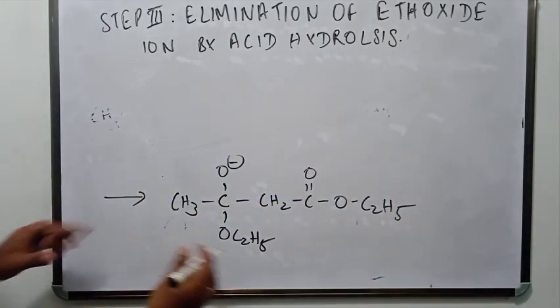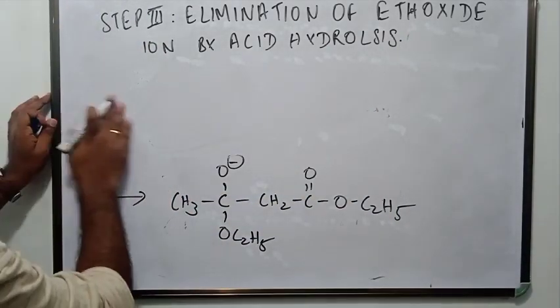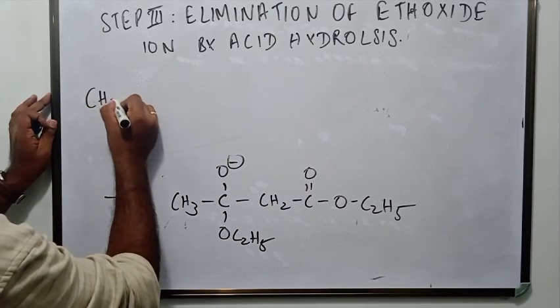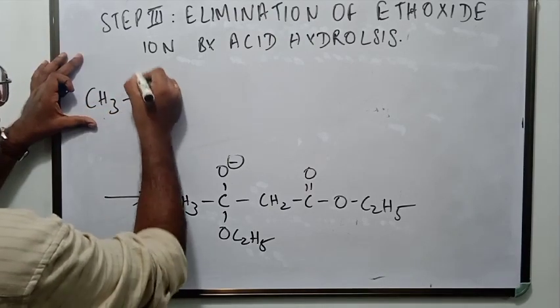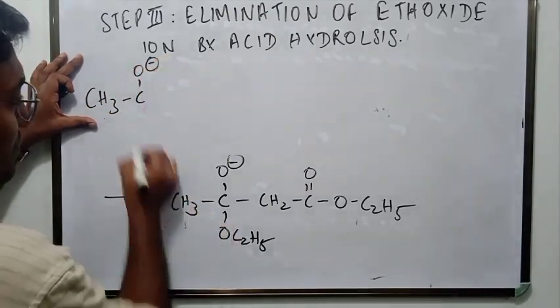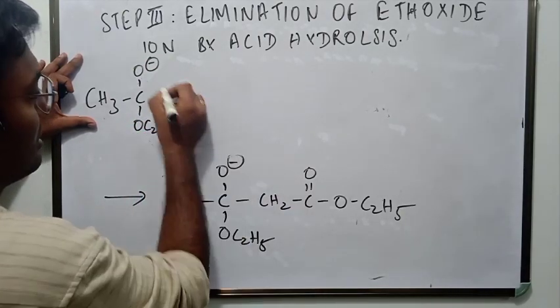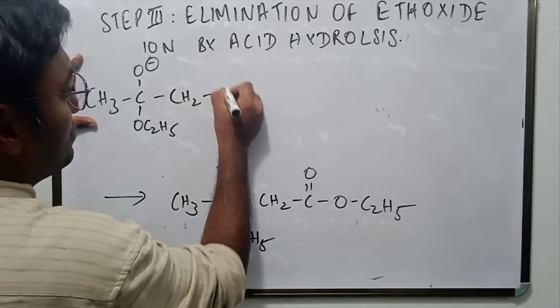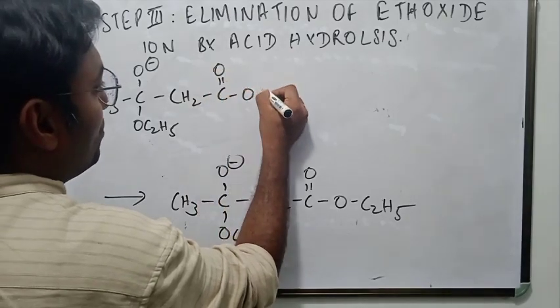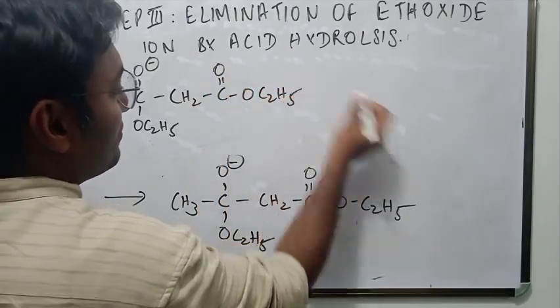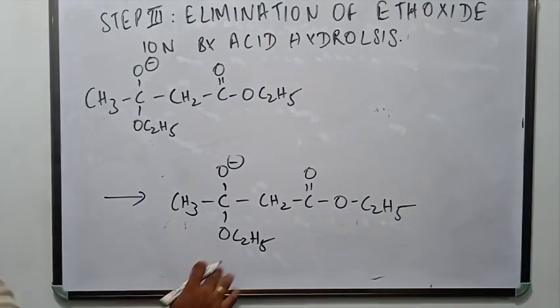So you write this here. OC2H5, and write this CH2, C double bond O, OC2H5, right? You can rub this now.